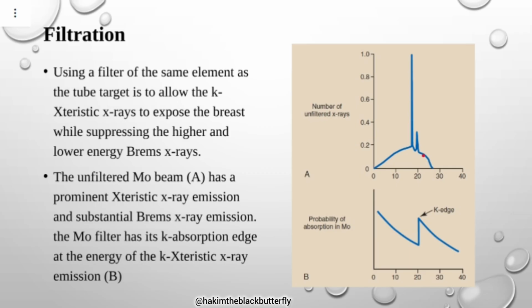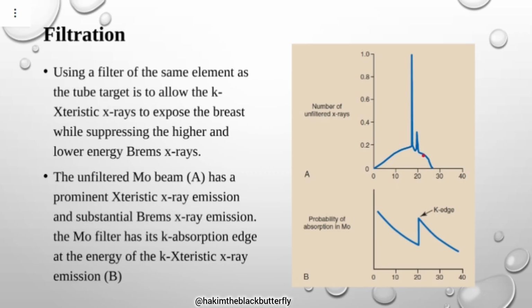The molybdenum filter has its K absorption edge at the energy of the K characteristic X-ray emission, shown in B. So it has a K edge around 20. The combination of molybdenum target and filter results in a spectrum with suppressed Brems and prominent characteristic X-ray emission.